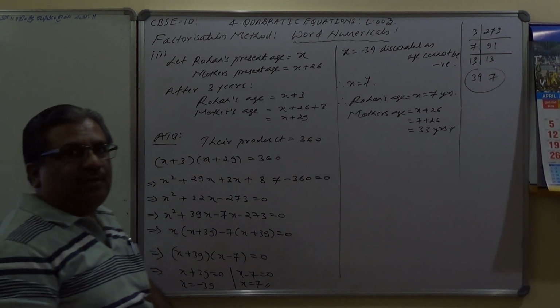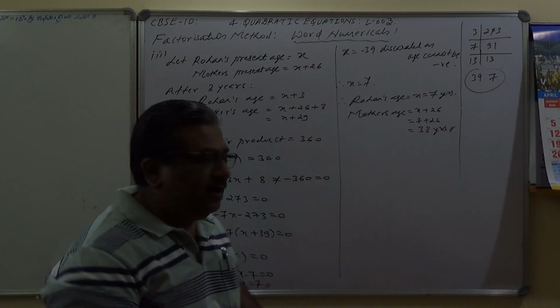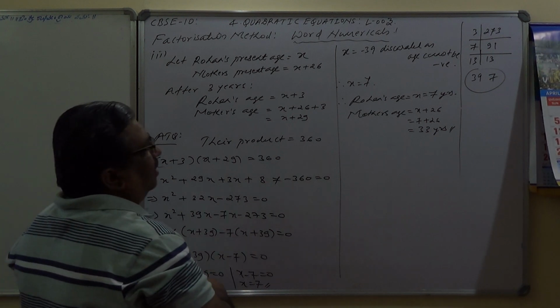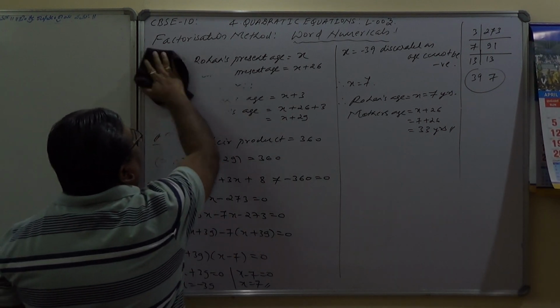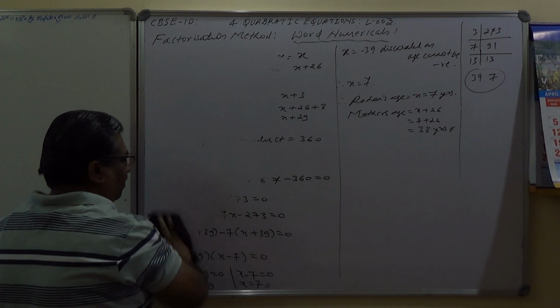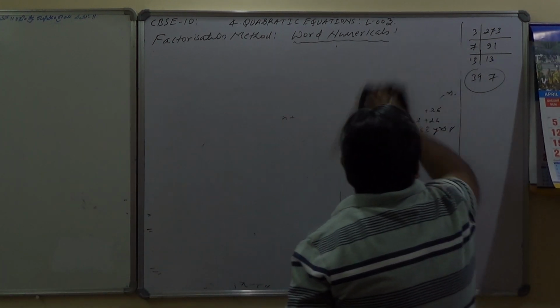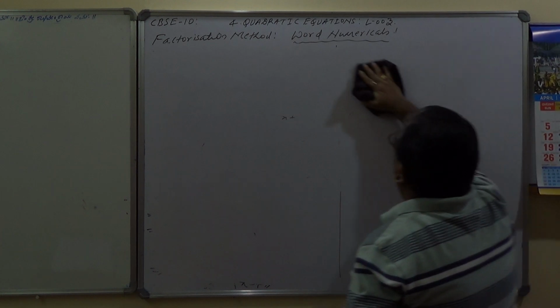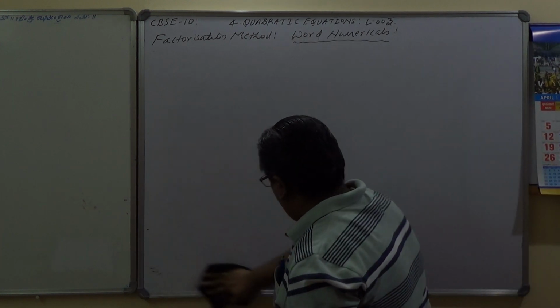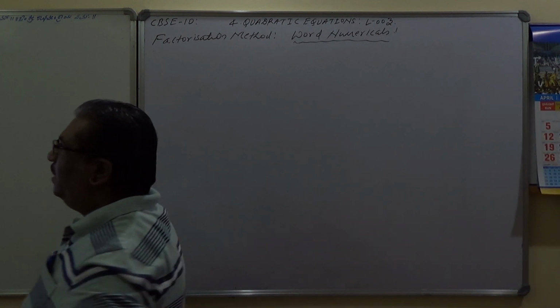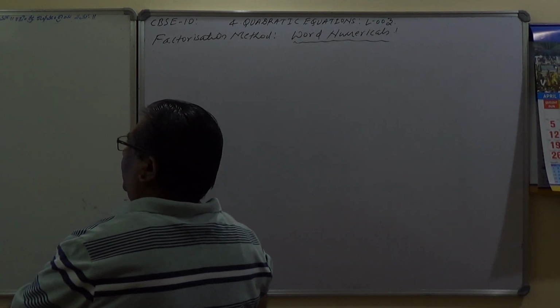Next we will solve the train numerical, and I'll erase this one. Question is, a train travels a distance of 480 km at a uniform speed.